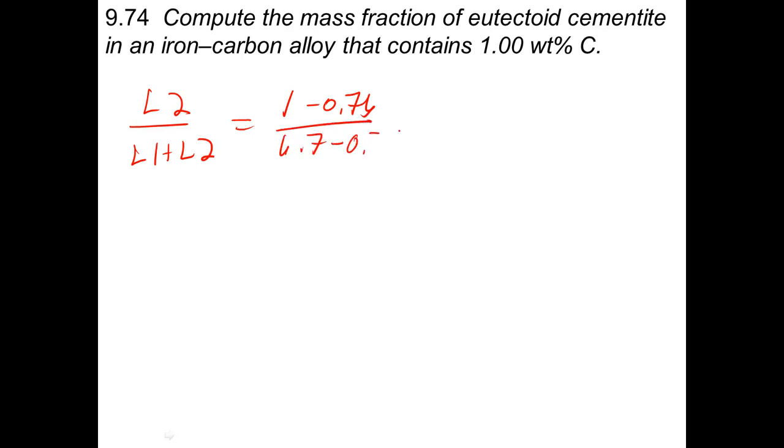I'm going to go to the next page, get some more writing room. So I can calculate the pro-eutectoid mass fraction by using that lever rule, and it's 0.040. Now I need to get the eutectoid.